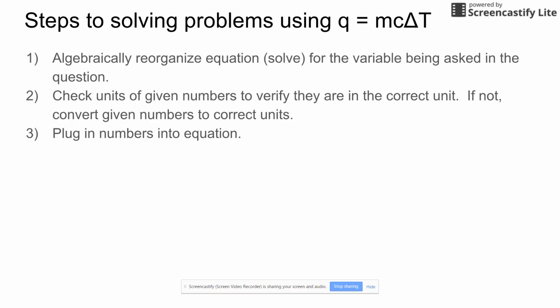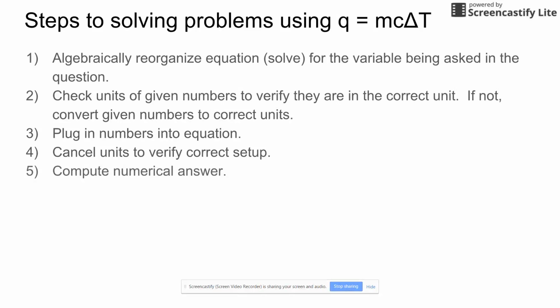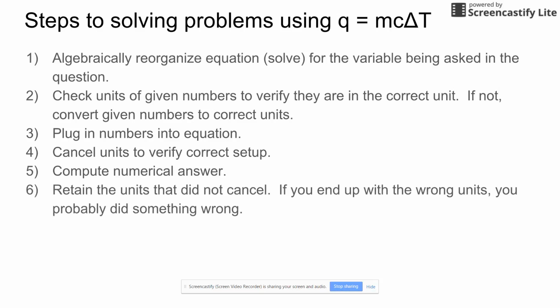Once everything's in the right unit, you plug everything into your equation. Then you cancel the units to verify that you correctly set up the equation. If your units don't cancel, you did something wrong, so you have to go back and fix it. Then number 5, you compute the numerical answer, and don't forget to retain the units that didn't cancel. This also verifies your work: for example, if you're calculating for heat, you better have calories or joules, or you did something wrong and have to go back. It's a way of checking your work.